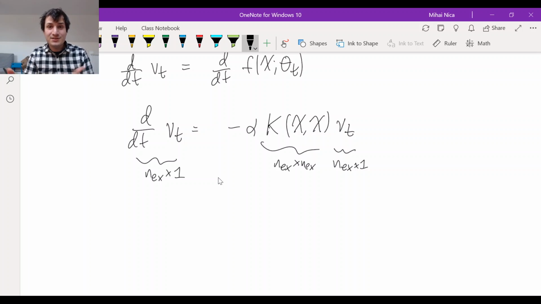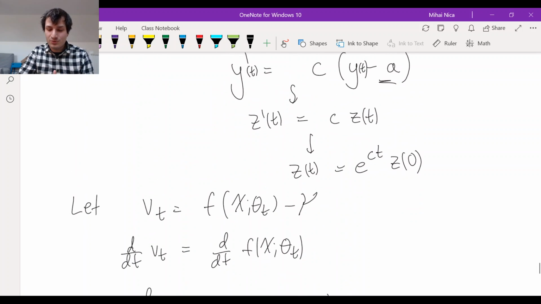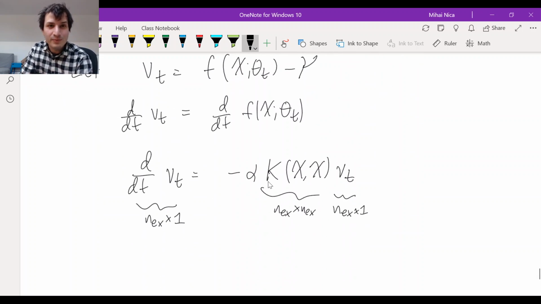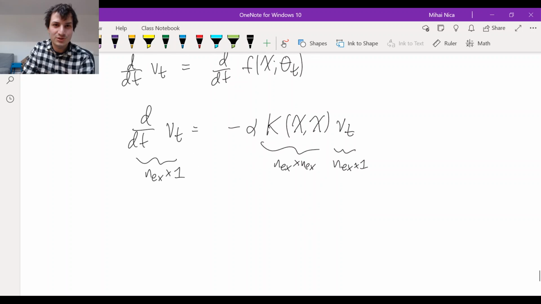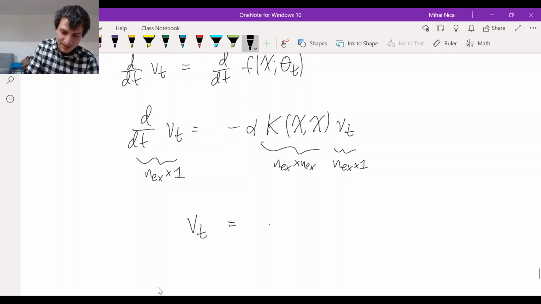Okay, and the solution to this is just like the world's easiest differential equation. The derivative is a constant times the original function. Here it's a vector matrix version of that, but the answer is still an exponential. So if you've taken a differential equations class with matrices and vectors, you know the solution is just e to the minus alpha k x x t times v0.